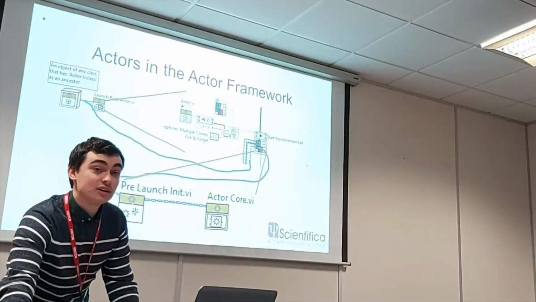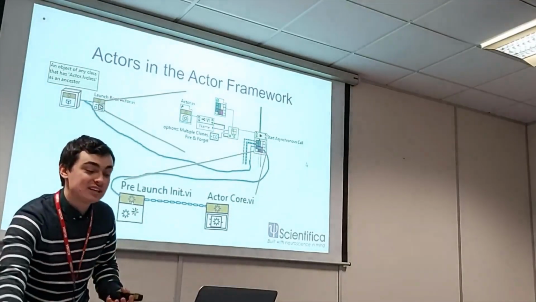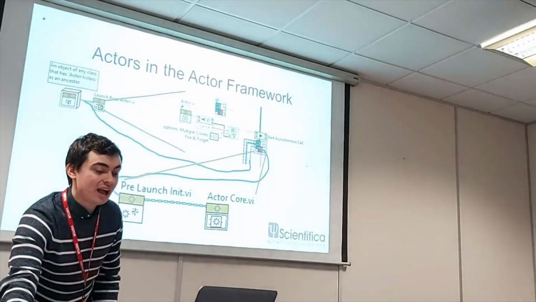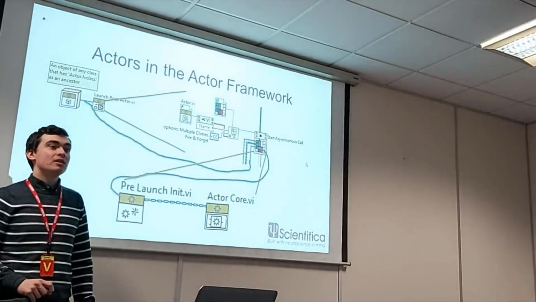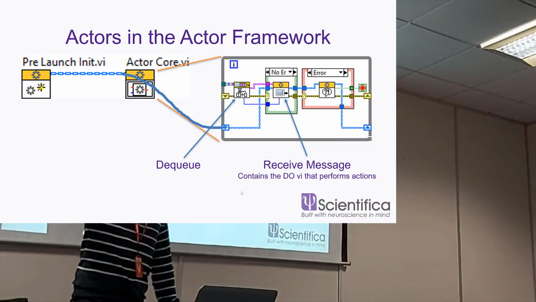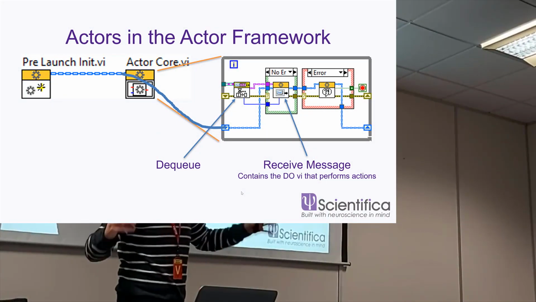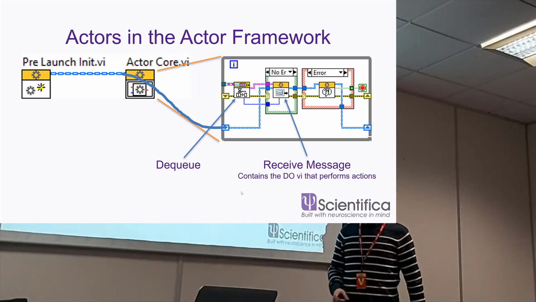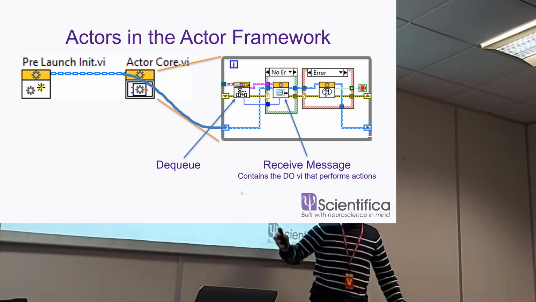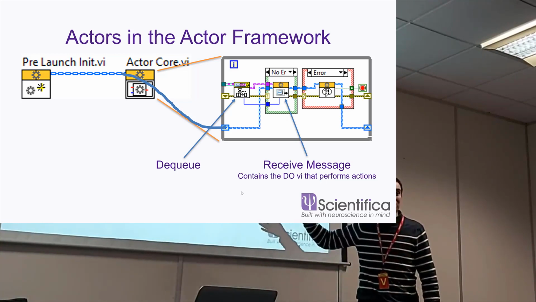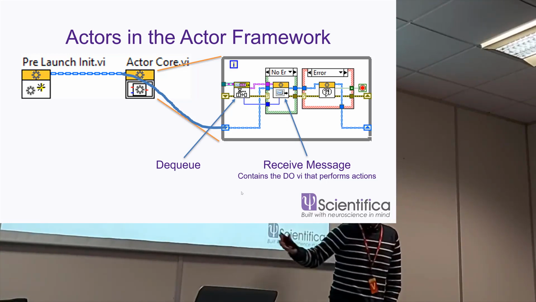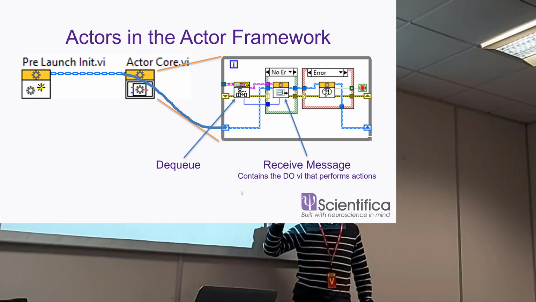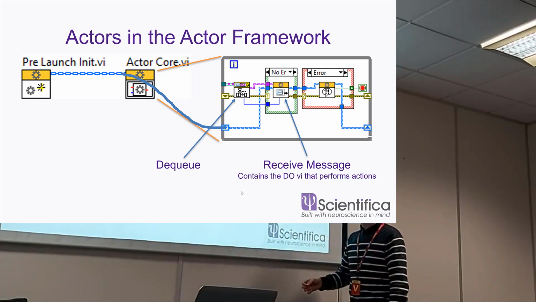Okay, once that's all done, we could package all of those references into this cluster, into the object, and we start actor core. Actor core is just a while loop that can receive messages. So we have a DQ function there. That's not what the actual function is called, but we can DQ exactly one message at a time that's being sent to that actor.